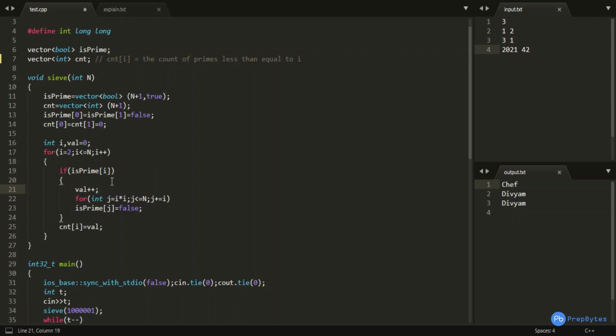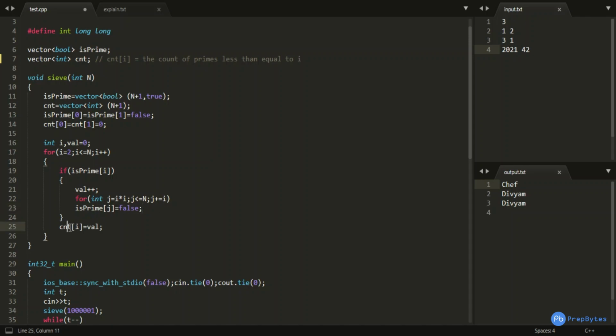So for each and every prime number this val is getting incremented, and then I am moving to all the possible multiples of i and I am making isPrime false for those. This is the basic implementation of sieve. You can watch it in any video.